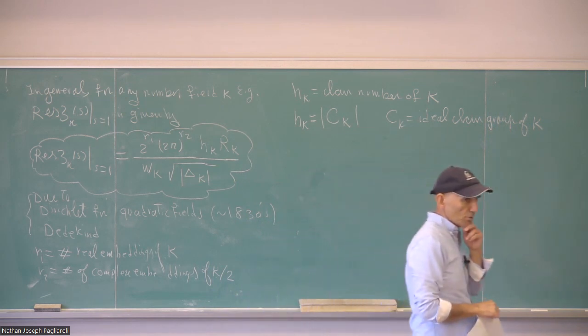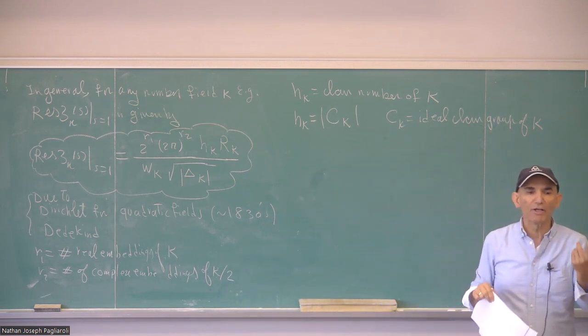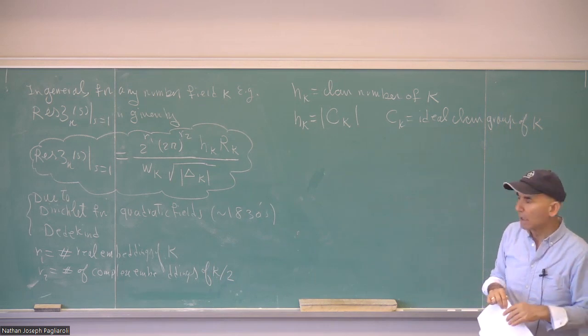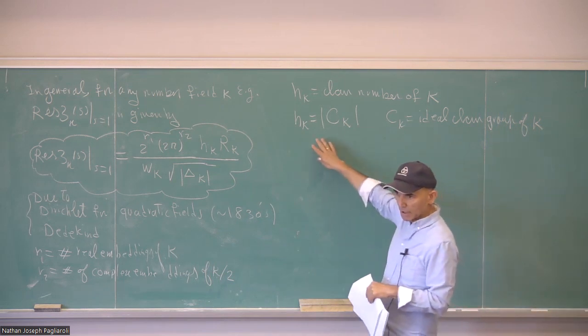Let me tell you how it is defined. It's a finite group. It's a finite abelian group always. And its size gives you the class number.